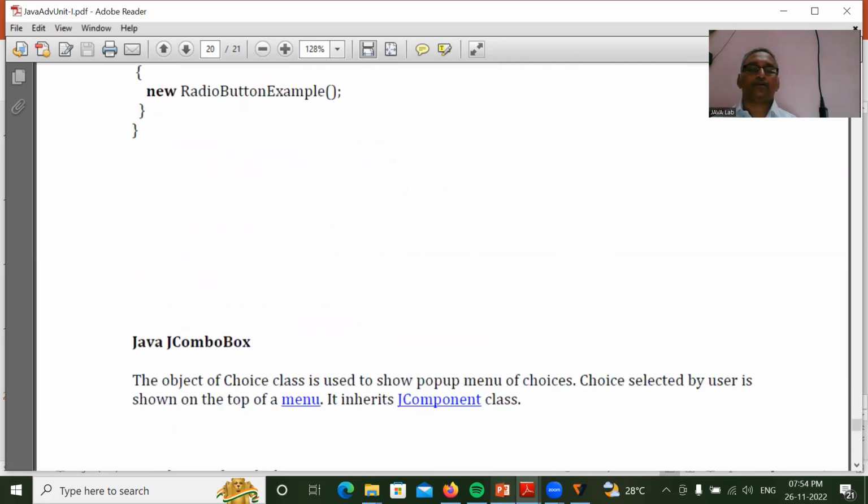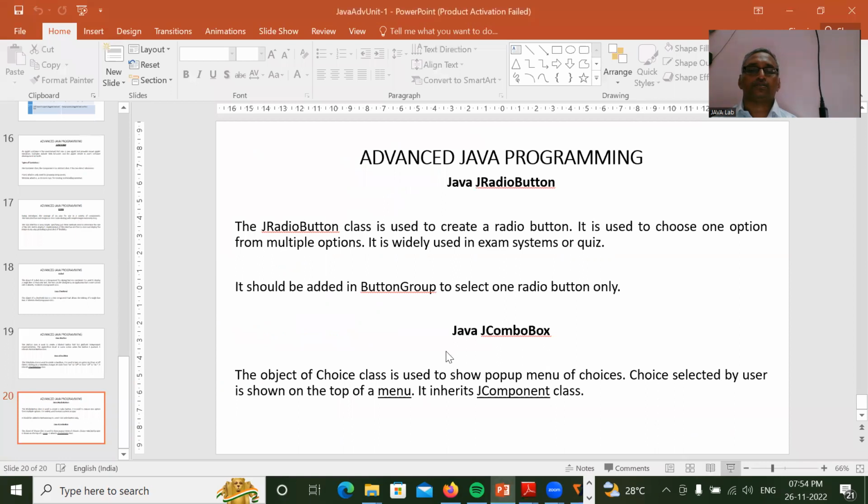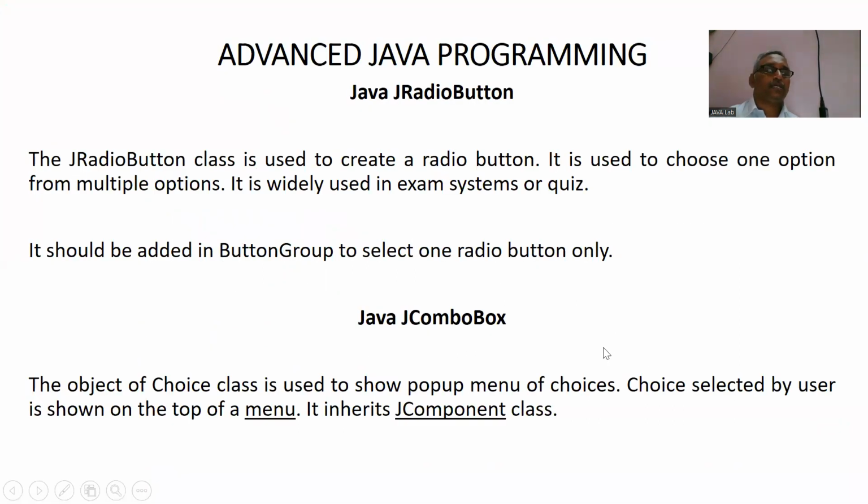Next, JComboBox. The object of the Choice class is used to show a pop-up menu of choices. The choice selected by the user is shown on the top of the menu.